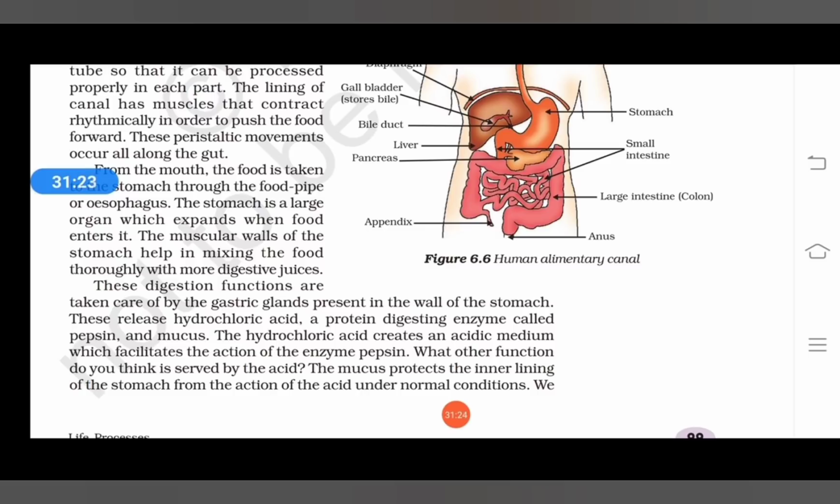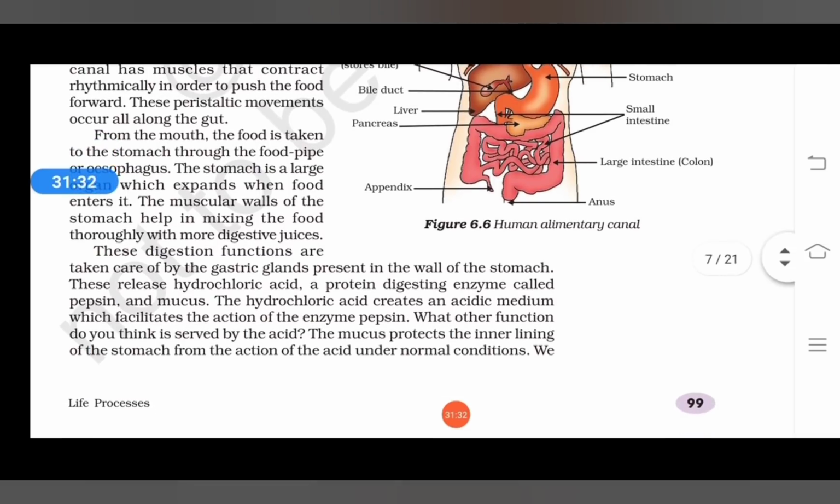What other function do you think is served by the acid? The mucus protects the inner lining of the stomach from the action of the acid under normal conditions.